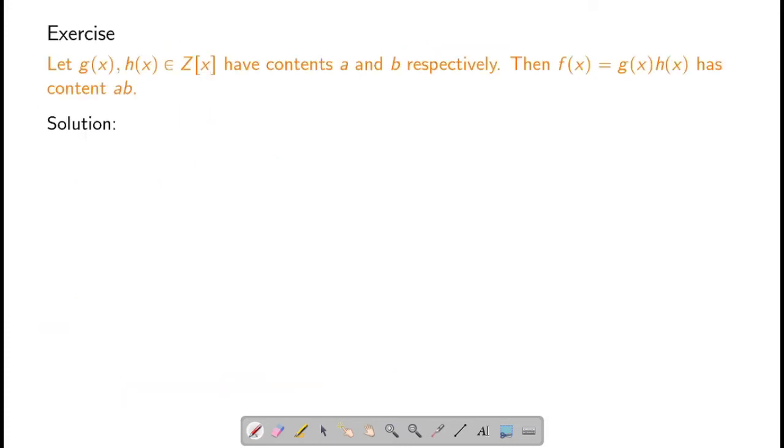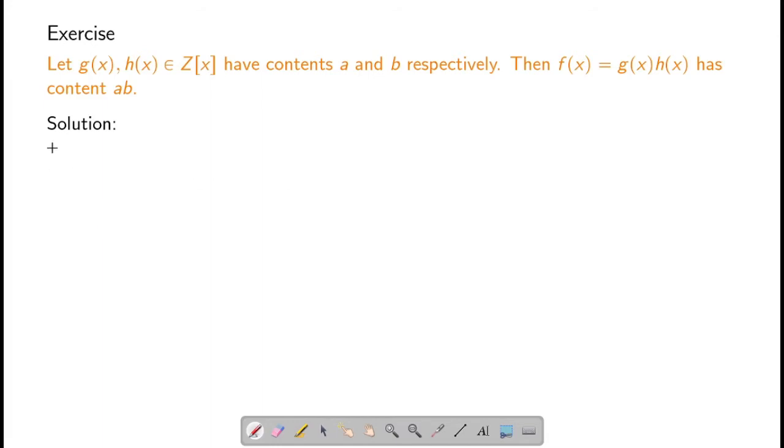Now let us prove a simple corollary to the previous theorem. Suppose g of x and h of x are two polynomials over Z that have content a and b respectively, then their product will have content ab.